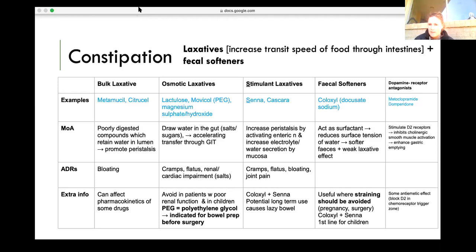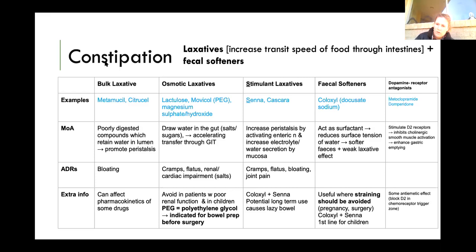And then dopamine receptor antagonists, metoclopramide and domperidone can also be used, and they're also used as antiemetics. So that's why they're a bit smaller, and they stimulate D2 receptors, inhibit cholinergic. I better check that actually. Inhibit cholinergic smooth muscle activation and enhance gastric activity. That's constipation drugs in a nutshell.